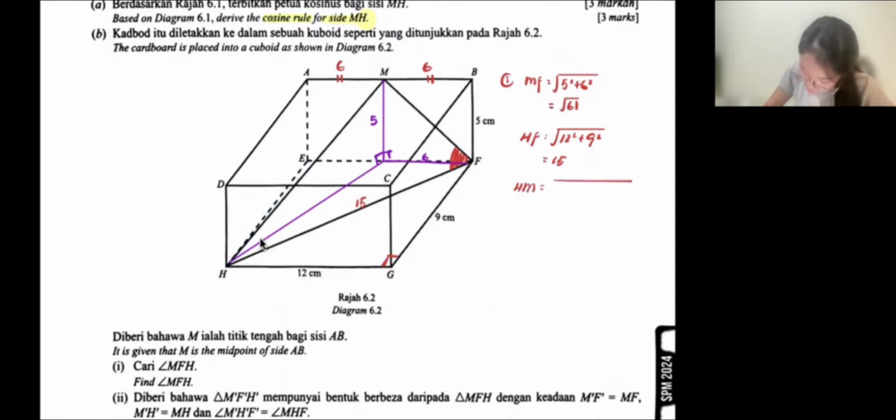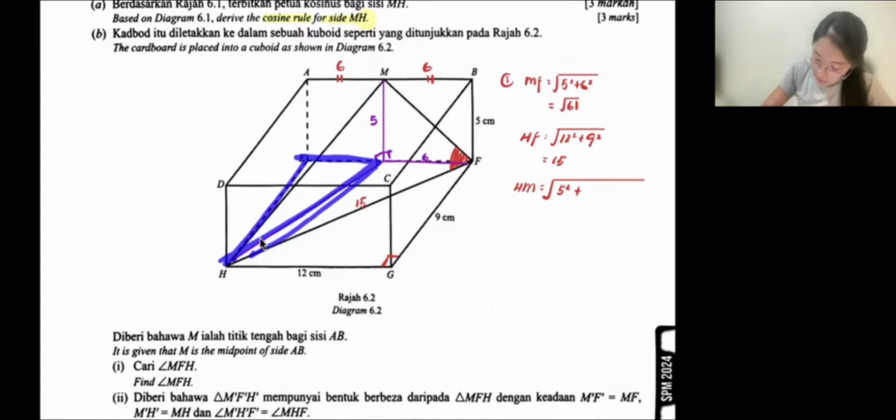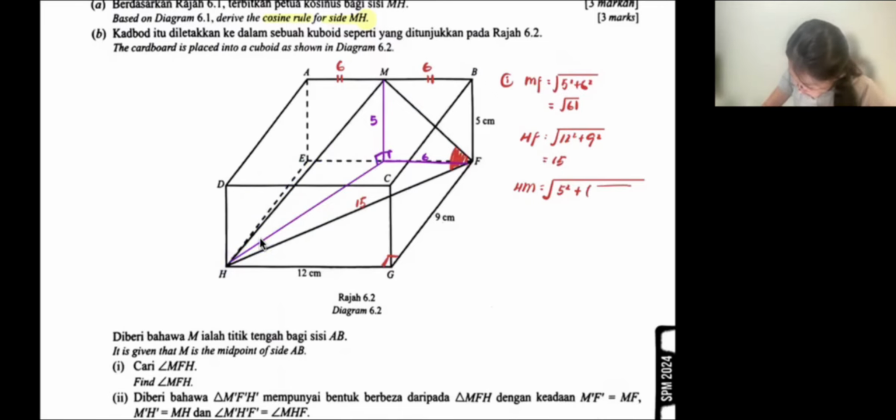Slowly, HM. HM is square root 5 square, plus this line. This line is the hypotenuse of this triangle here. This is 6, this is 9. So let me find out my hypotenuse here: 9 square, 6 square.